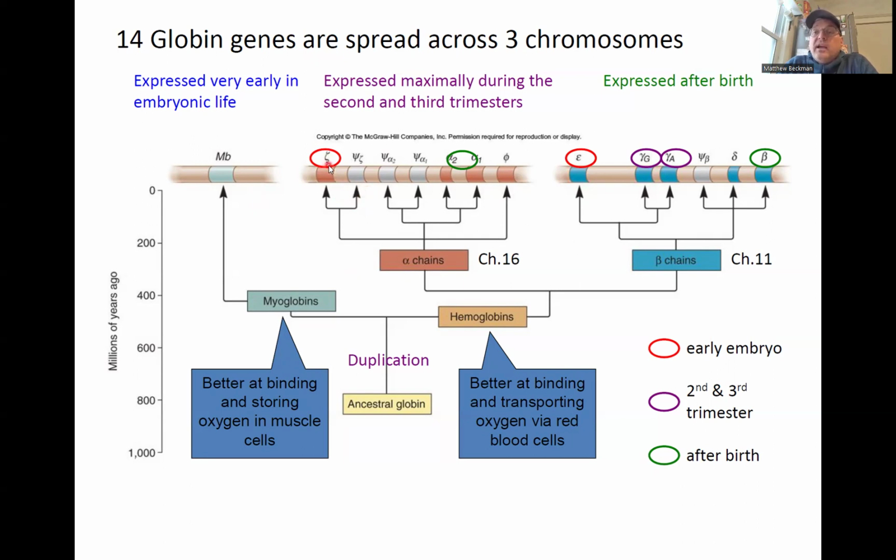And so the embryos have these higher affinity hemoglobins that can pull some of that oxygen and supply it to their own tissues. Then during development, there are new forms that are found, and then after birth, it's mostly the alpha and betas. That's what would be in all of us adults, okay?